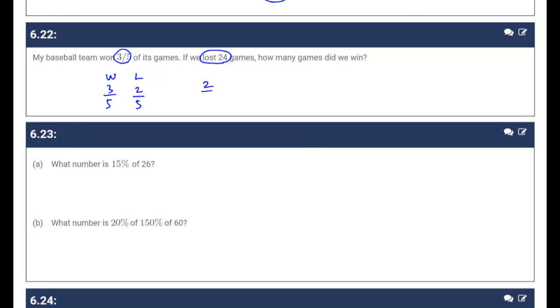So 2/5, which is the fraction for lost games, multiplied by the unknown number of total games, t, is supposed to be 24. I can get this t value by multiplying by the reciprocal on both sides, and that gets rid of the fractions, and t alone will be, well, 2 goes in there 12 times, so 12 times 5 will be 60.